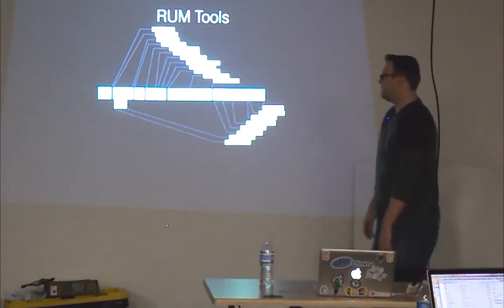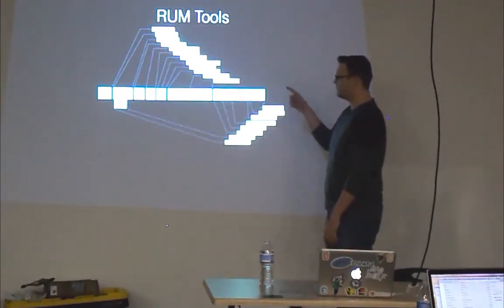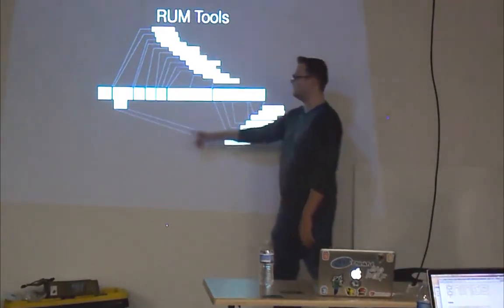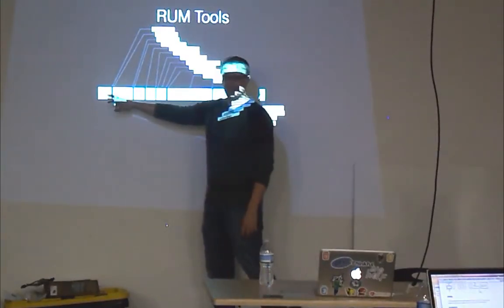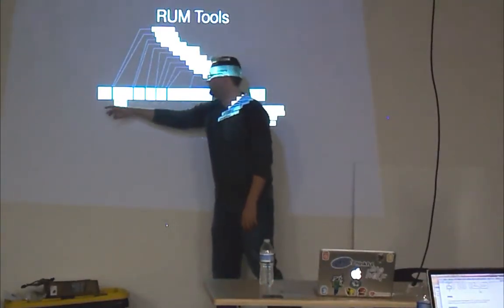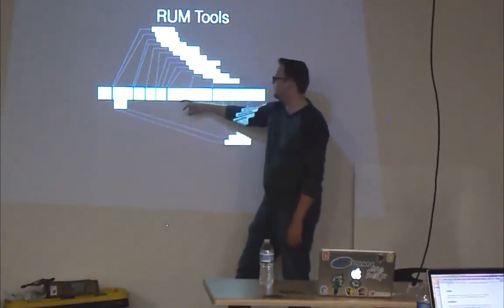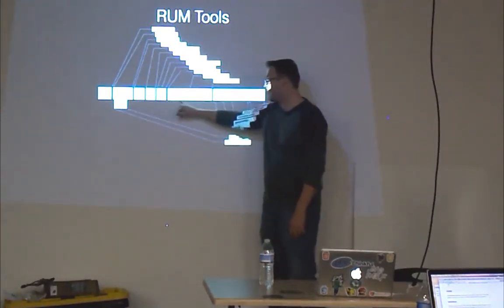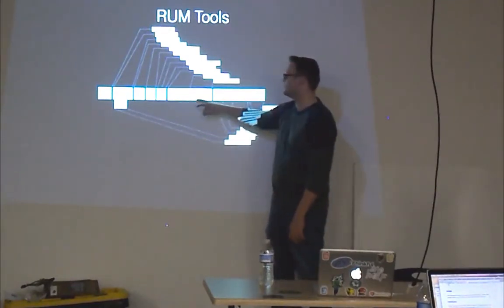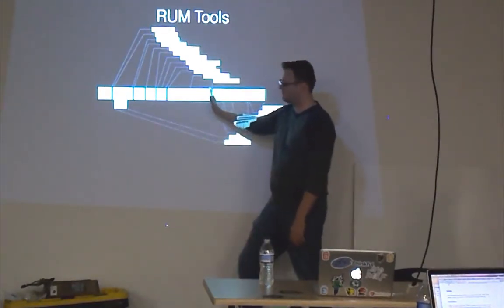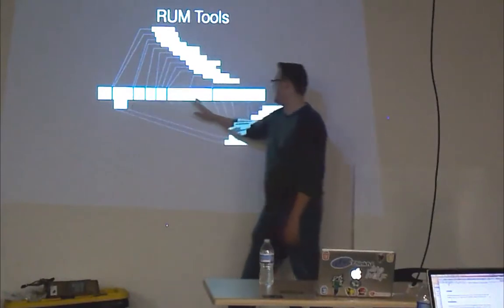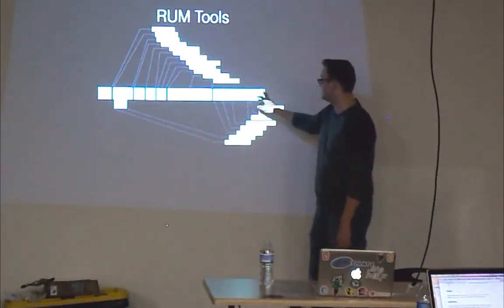So with the Navigation Timing API, we can measure back-end performance by taking when the previous page unloads, and we can measure the time it takes to do redirects, app cache, DNS, TCP, how long the request to the server took, and the response back. That's your back-end time right there. Then here it says processing and onload.